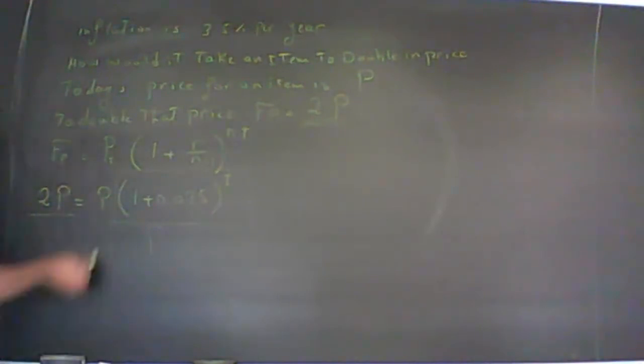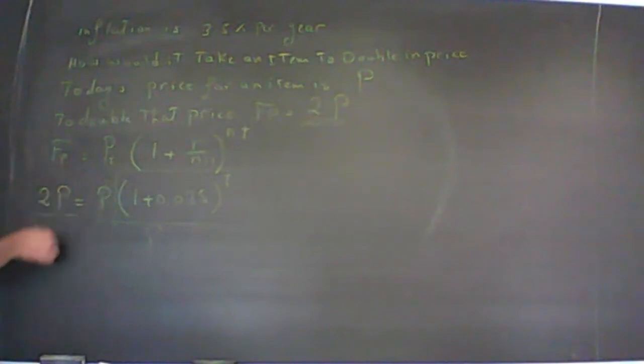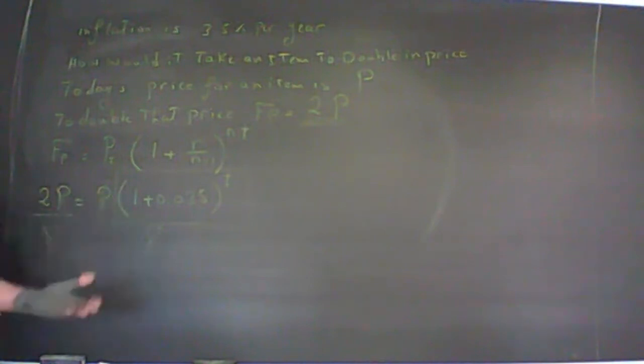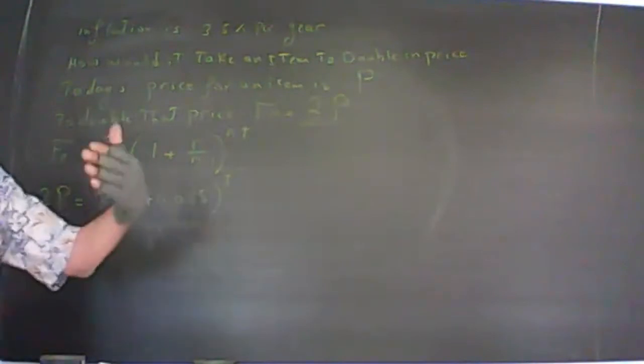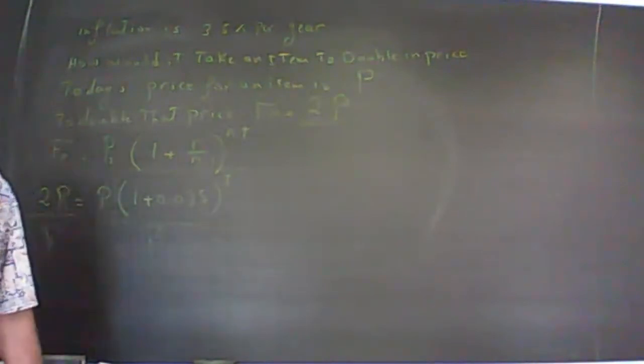When I divide by P, this P and this P cancel out. And what happened to those two? They cancel out as well. So what does that tell me? There's no more P's left. It doesn't really matter what the price is. It will take the same amount of time to double.